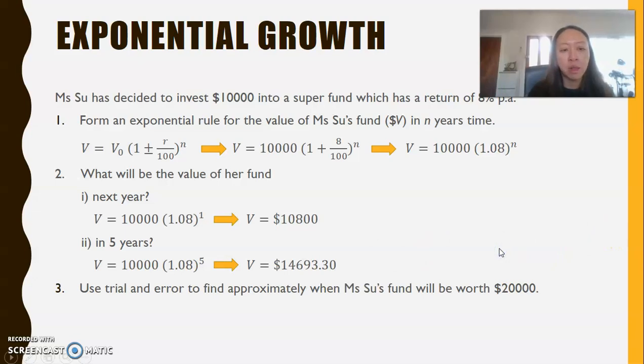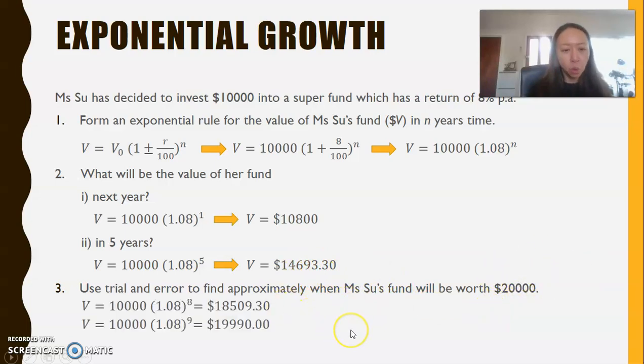Use trial and error to find approximately when Misu's fund will be worth $20,000. There is actually a shorter way to do this, but we haven't learned logarithms yet, so we will have to do it step by step. Because this is an exponential growth function, the value will keep increasing. We just want to know when it will increase up to 20,000.